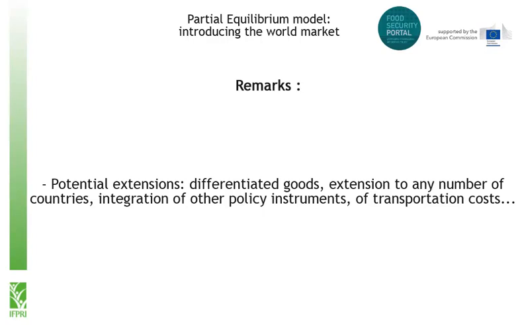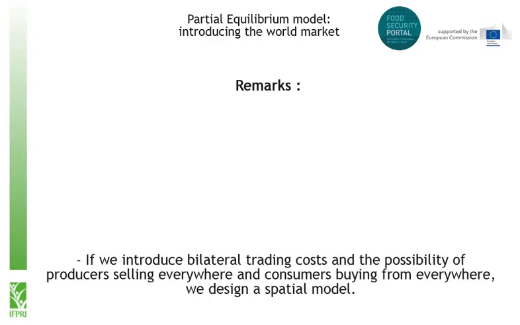Even if in this configuration, transportation costs would be a little weird because, in fact, we have transportation from the world market to a country or from a country to the world market. So if we want to have some transportation costs, it's better to introduce a different structure of the program.